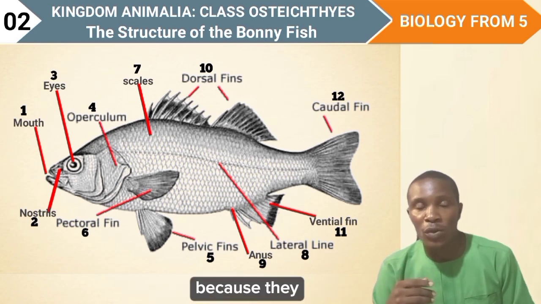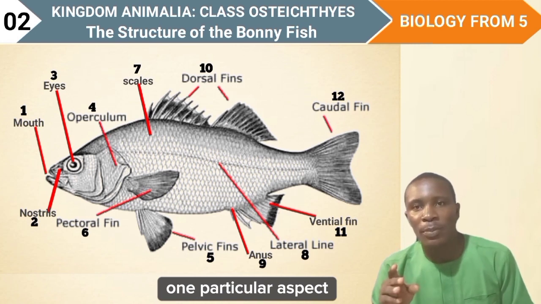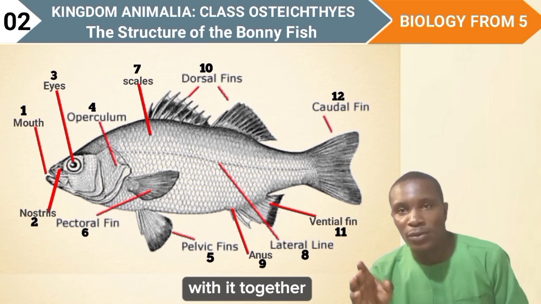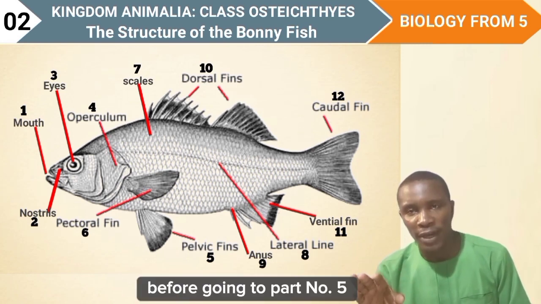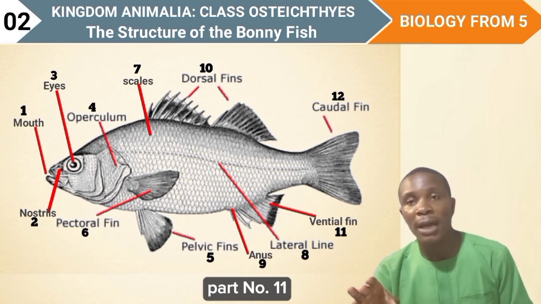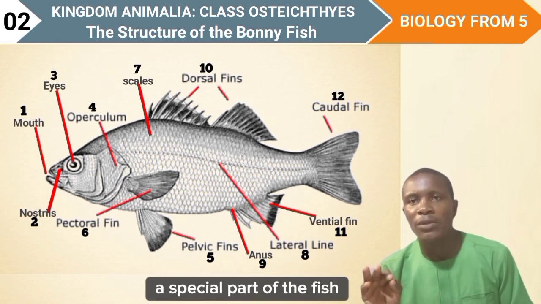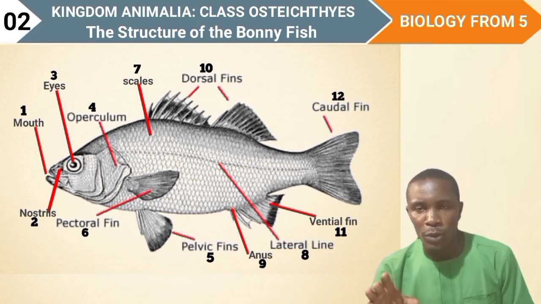The reason is because they are talking about one particular aspect of the fish, so it's good we deal with it together at once. Now, before going to those parts, I would like to talk about a special part of the fish which you cannot see outwardly.